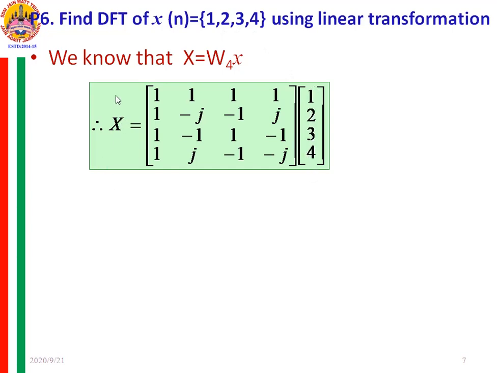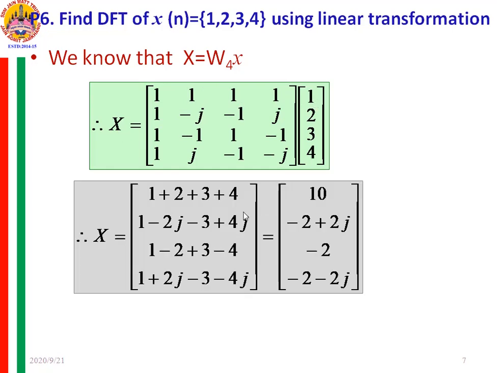Now to obtain the column vector of capital X, that is X(k), each row of this W4 we have to multiply with this input vector. So to find the first value of capital X, the first row and this column should be multiplied and added together. See here I have done.